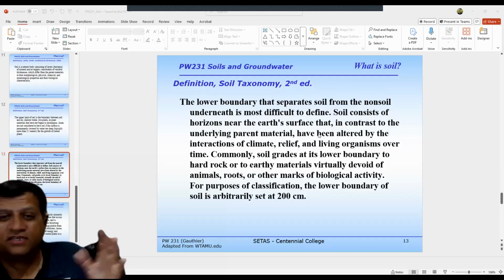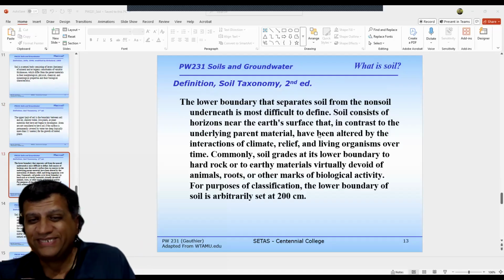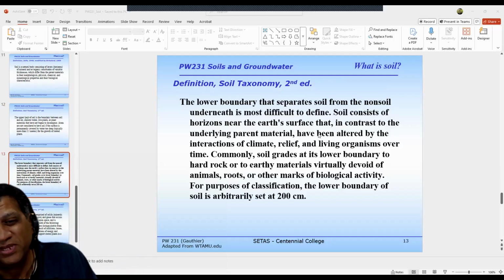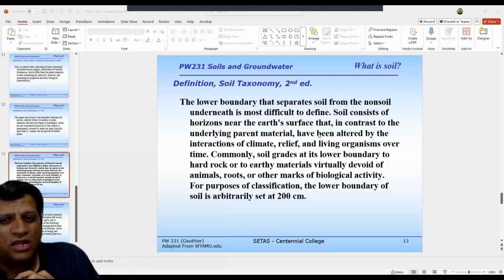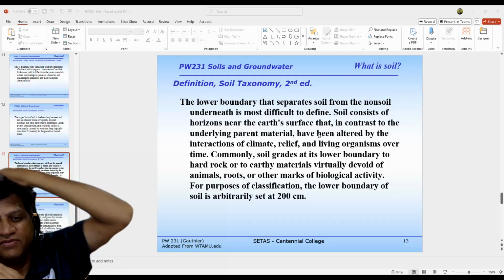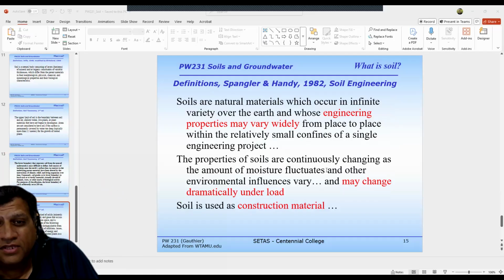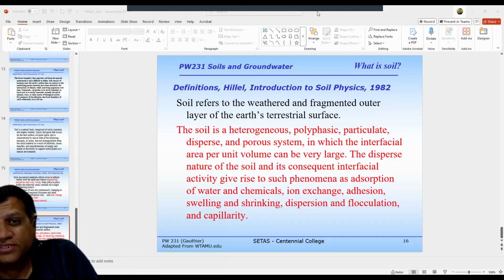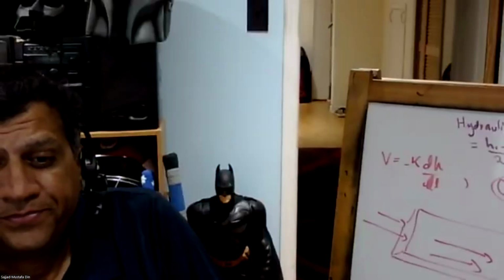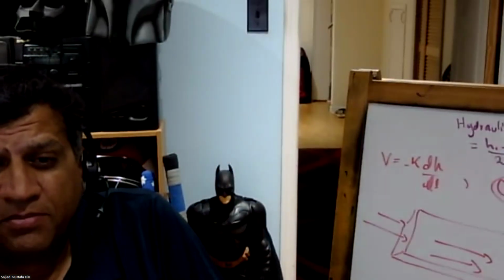Some people actually consider the soil that's down to 200 centimeters, 2 meters. But no, for me, that's just the shallow soil, 1.5 to 2 meters. The subsurface soil is a lot deeper than that. We've already gone through the different definitions. But that rounds off that part of the discussion.